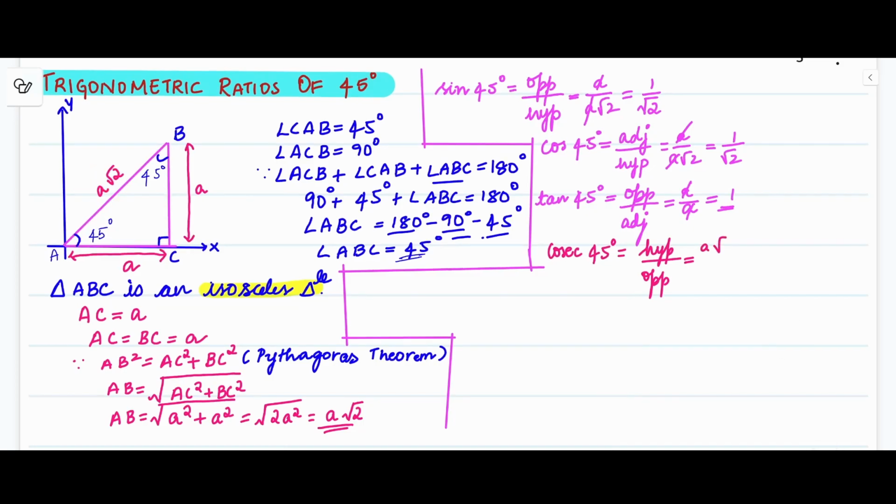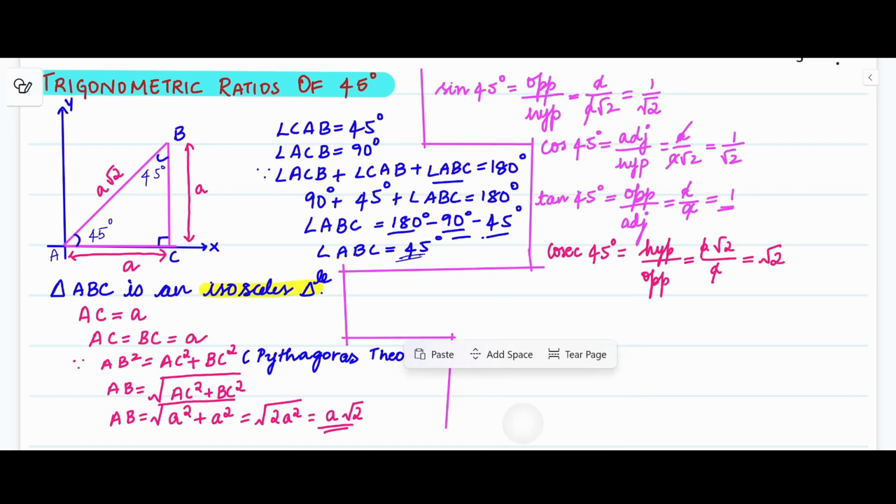It is A root 2 divided by the opposite side, or the perpendicular side of the triangle. The side opposite to 45 degrees is BC, and it is also considered the perpendicular side because it makes 90 degrees with our base, which has a value A. So it will be A. A and A will cancel out each other and we are left with root 2. Here we can see that it is the reciprocal of 1 by root 2.